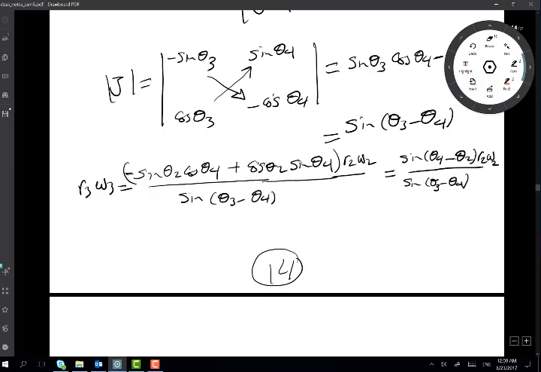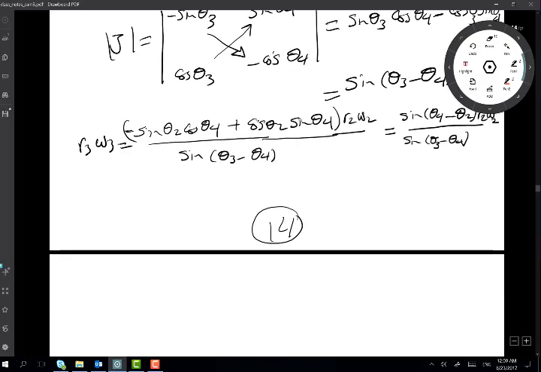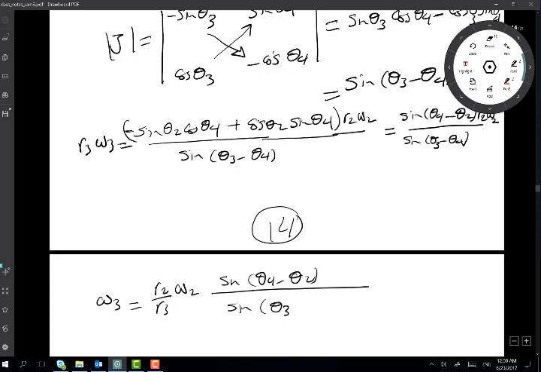So if I'm after omega 3, it is R2 over R3 omega 2 multiplied by this ratio, sine theta 4 minus theta 2 over sine theta 3 minus theta 4.